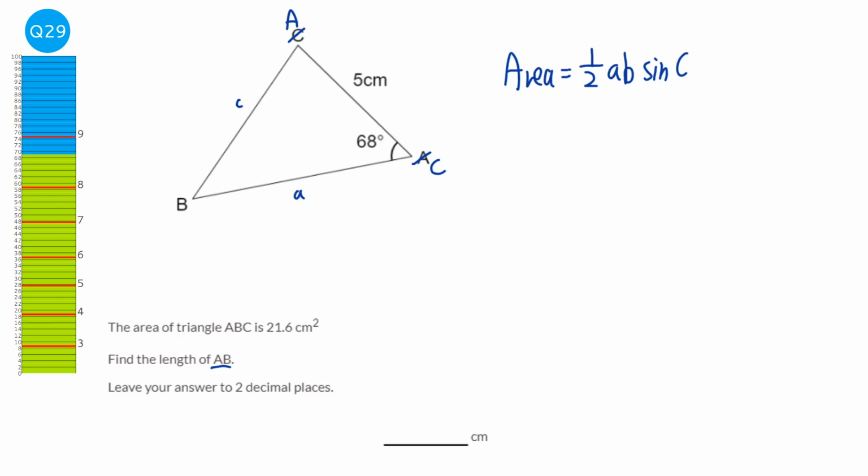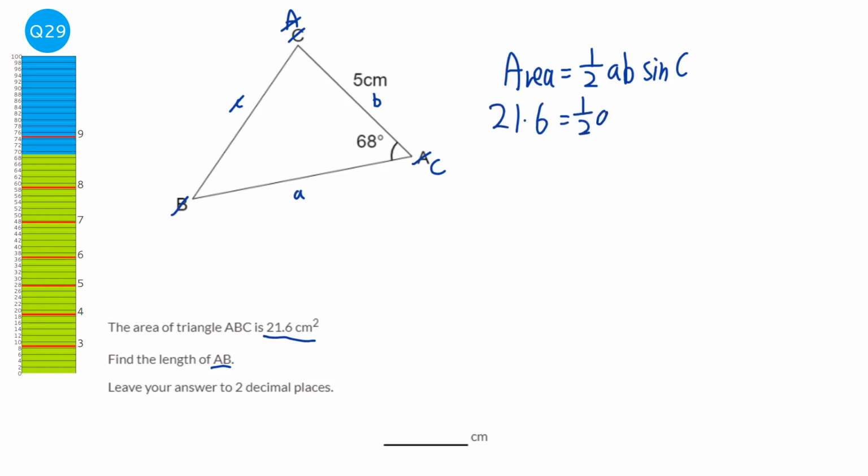And so we're looking for little a. We're not interested in little c or big B or big A. We're focused on, and we've got a little b here, we're focused on little b, little a, and big C. The area is given to us in the question, it is 21.6.